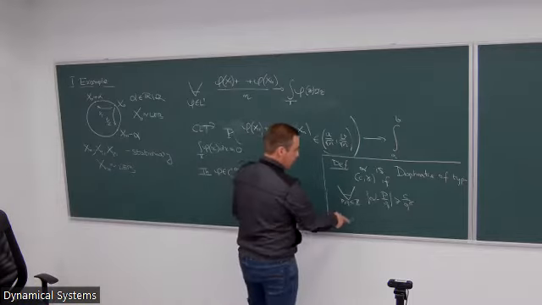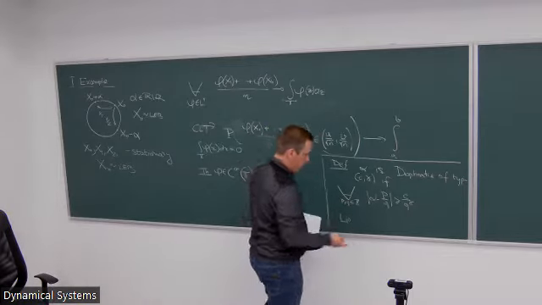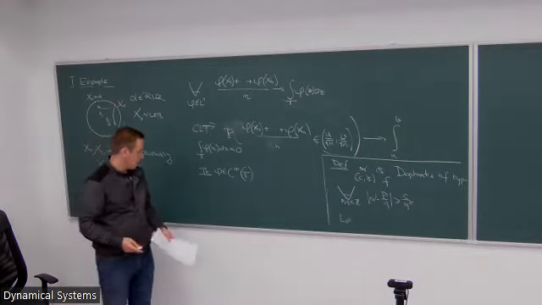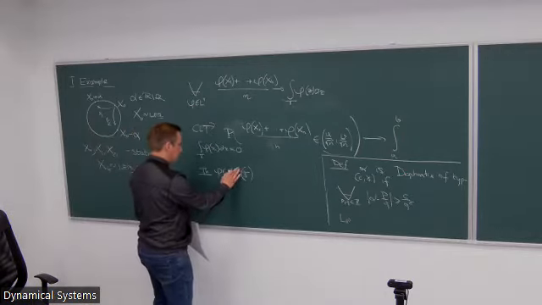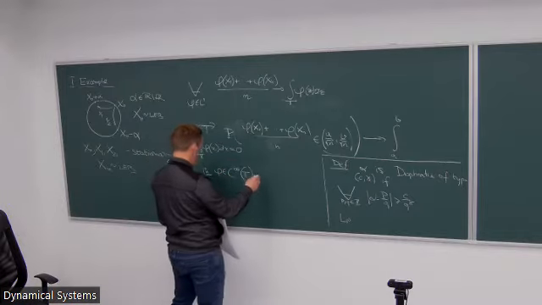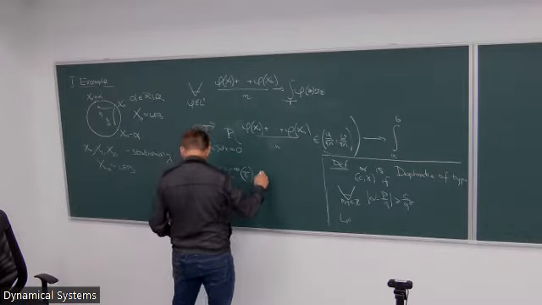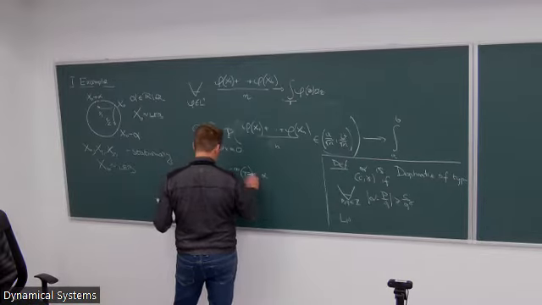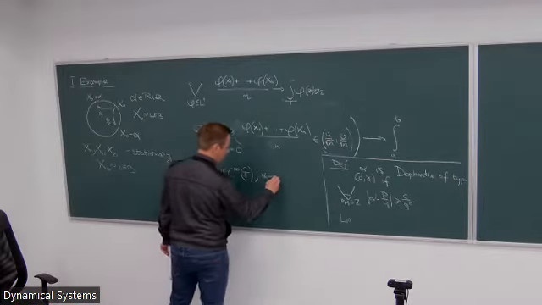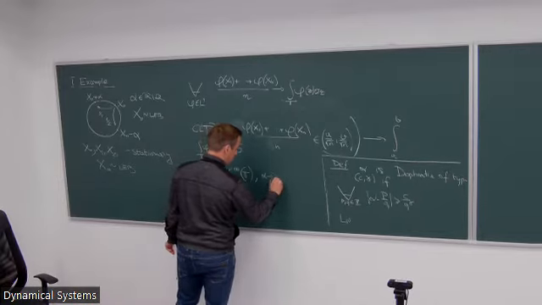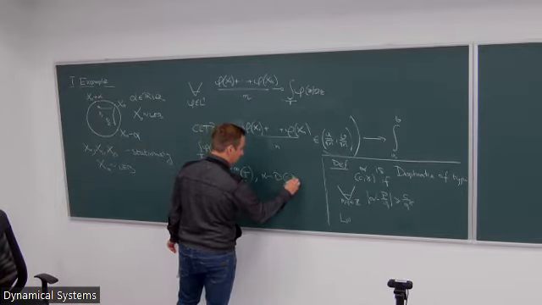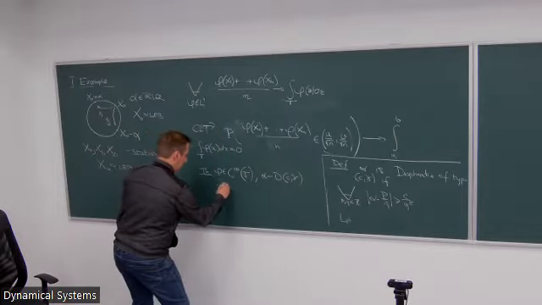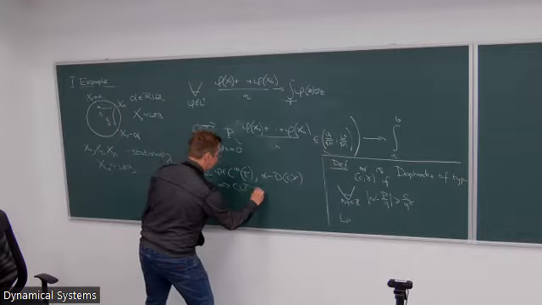And now we call the angle... That's simple. It can be quite easily shown that if phi is small and alpha is Diophantine of type C, gamma, then the central limit theorem holds.